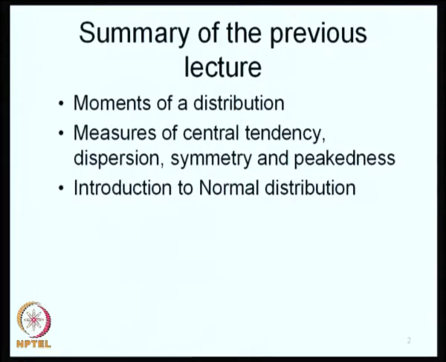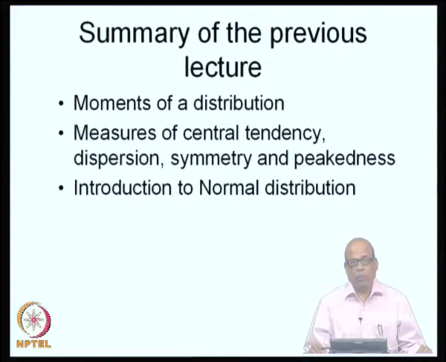If you recall, in the last lecture we introduced the moments of a distribution. First we took the moments about the origin and then we started taking moments about the expected value or the mean value.